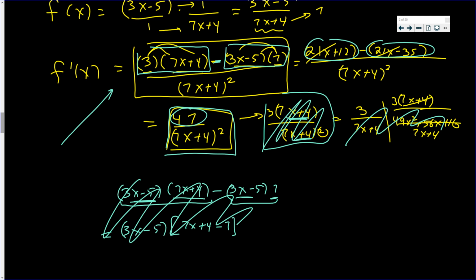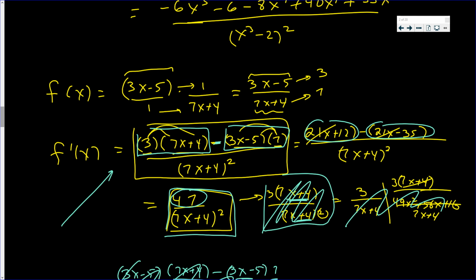Okay, no calculus errors. I know that the derivative of this is 3, and the derivative of that is 7. I know that. The derivative of the top, yeah, that's 3, times the bottom, yep, the bottom is 7x plus 4, minus the top, yep, that's right, times the derivative of the bottom, yeah, it's 7, all over the bottom squared.